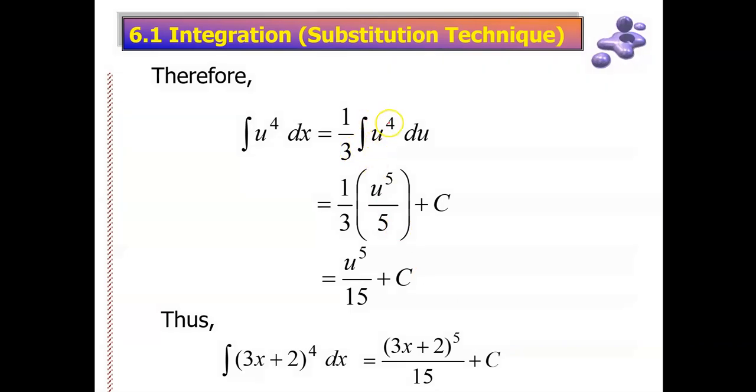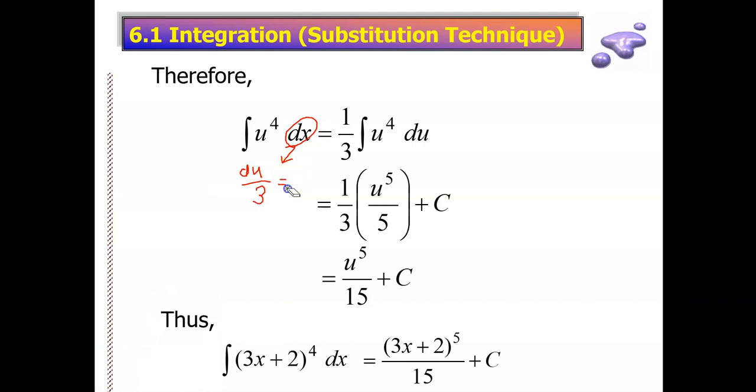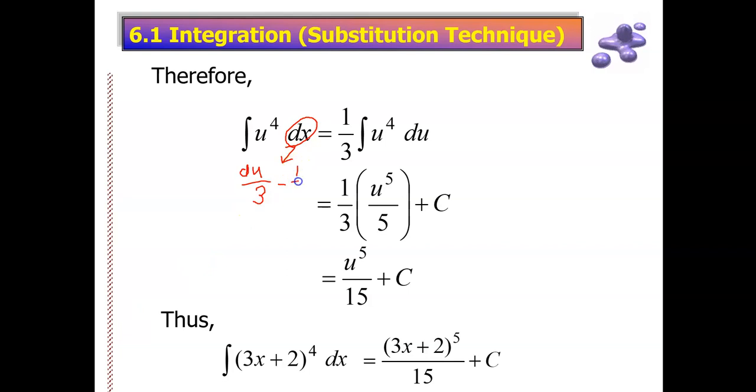integration of u to the power of 4 du. So we're going to write back the dx over here, which is actually equal to du over 3, right? That's why you have 1 over 3 du.